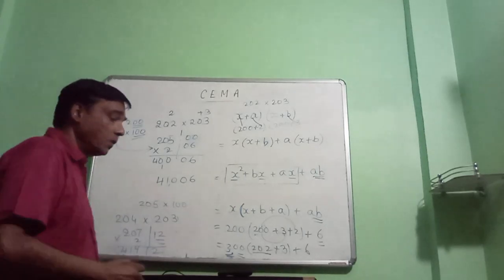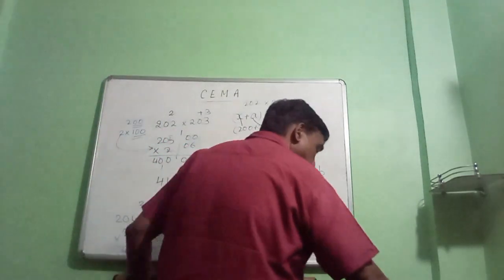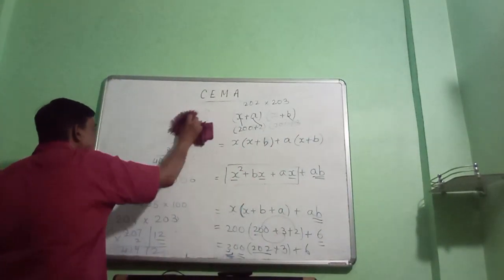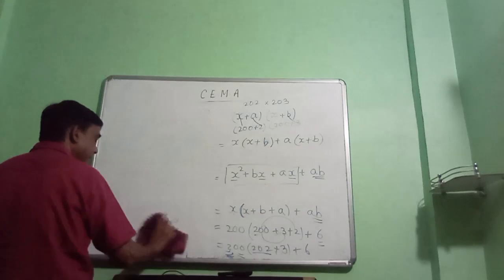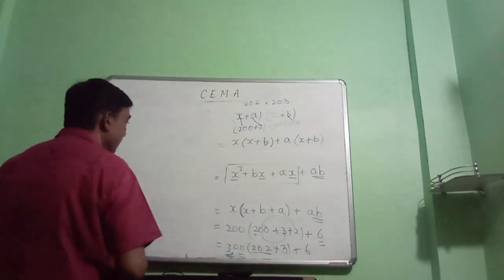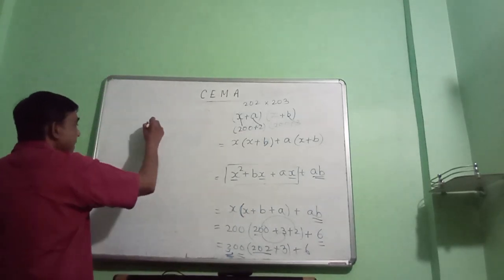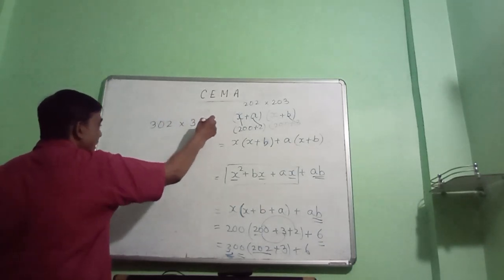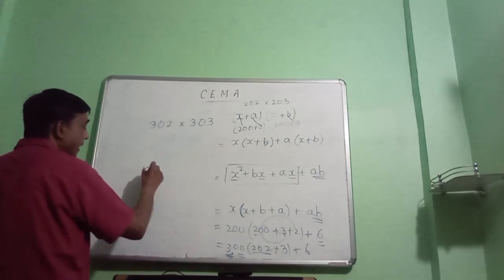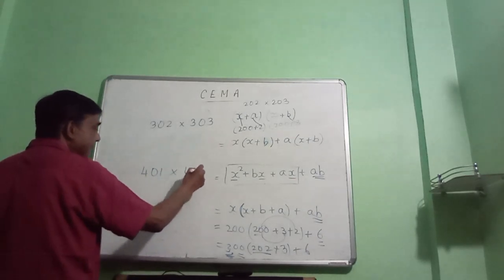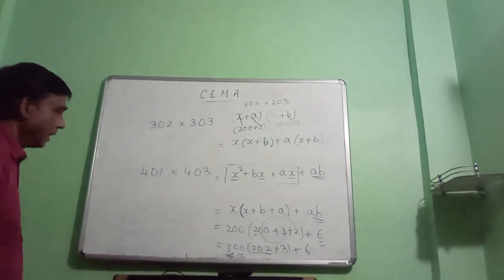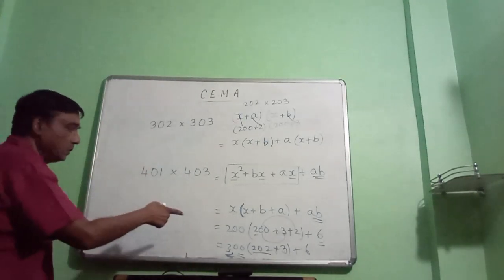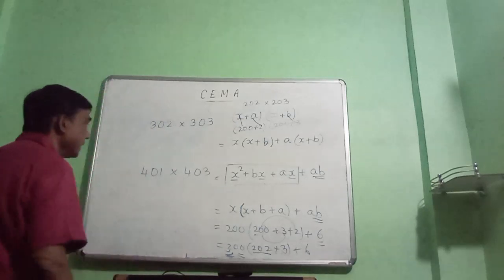Okay, now going by the same logic, if I were multiplying, say 302 multiplied by 303, or say 401 multiplied by 403. Now I'm sure you must have guessed it that this time we are not going to multiply by 2 because this will become 300.